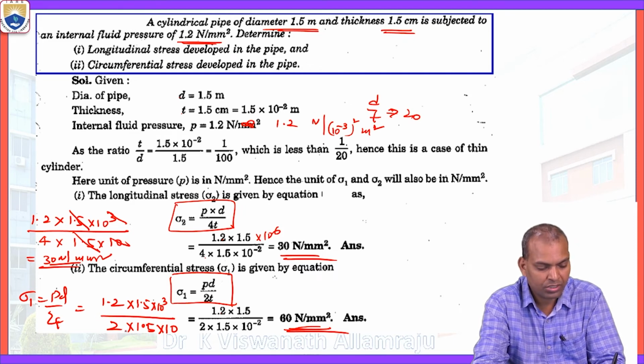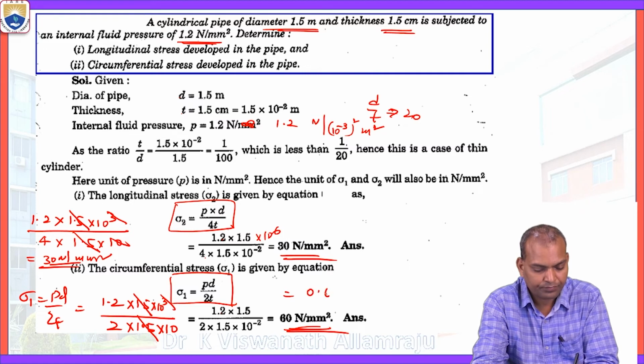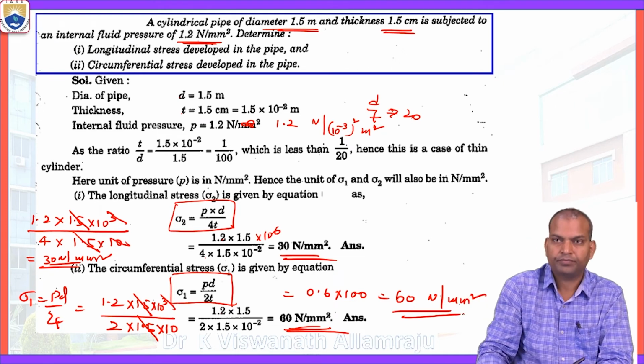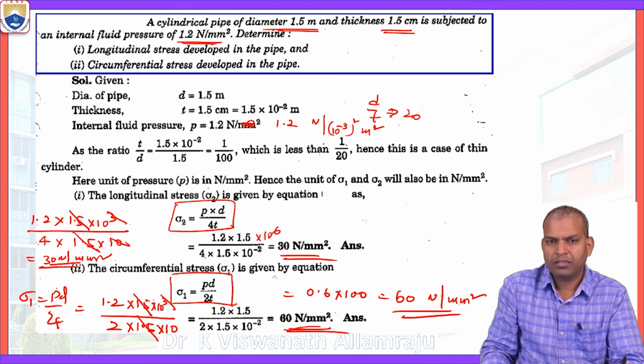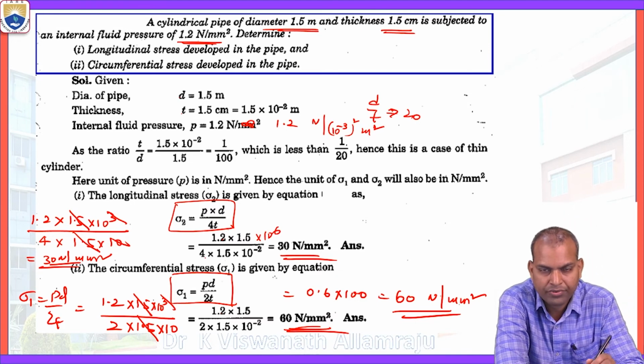Now this value is 0.6 times 100, that is 60 Newton per square millimeter. Alright, so in that manner, using these derived expressions of circumferential stress and longitudinal stress, we can calculate their values.